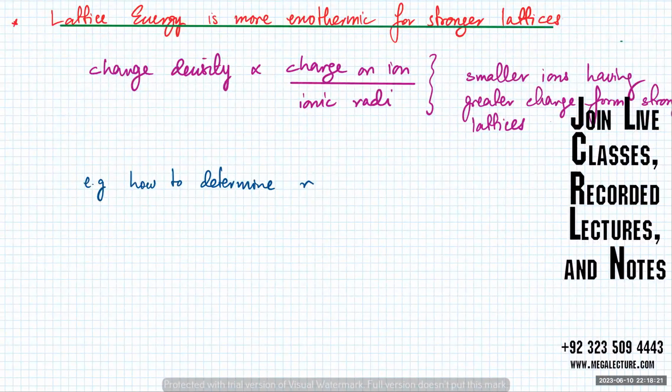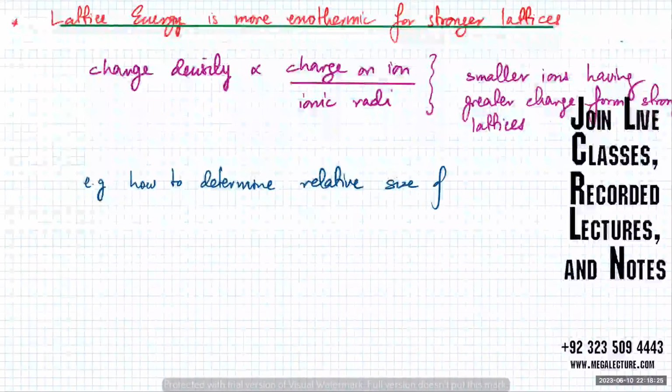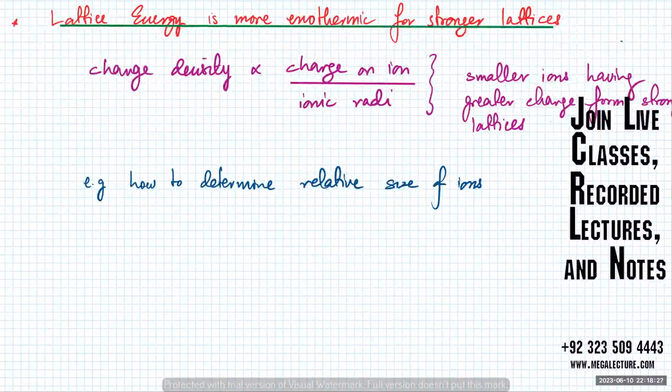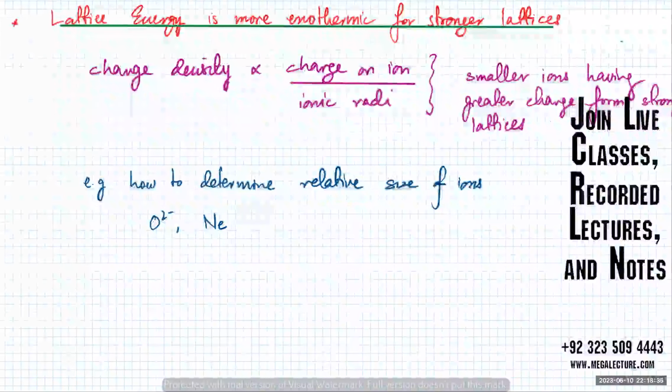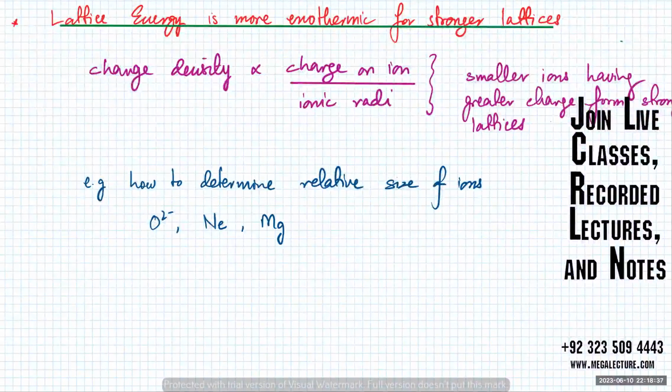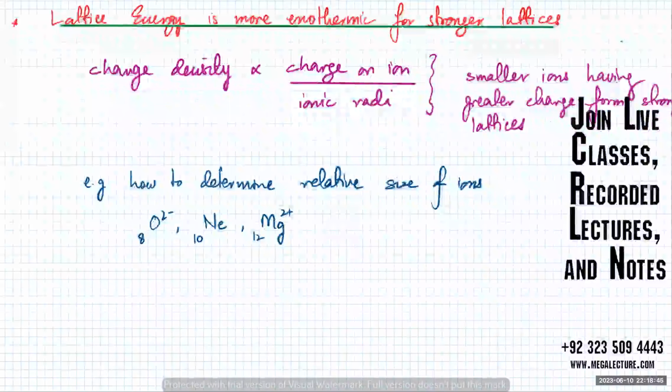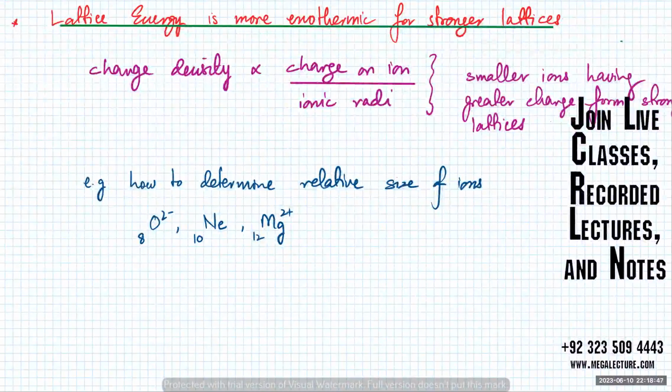So how do we determine the relative size of ions? For example, I have oxygen, which is 2 minus, neon, and magnesium, which is 2 plus. Magnesium's proton number is 12, neon is 10, and oxygen is 8. Which one do you think is the smallest ion, and which one is the biggest?